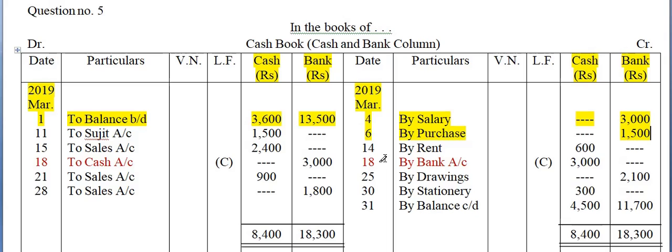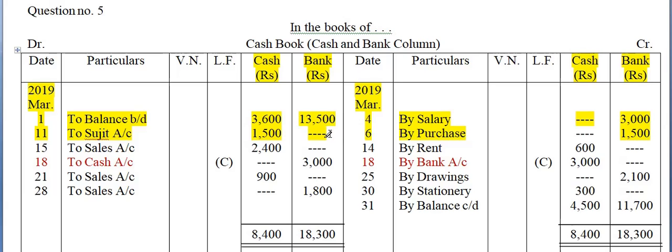And on 11th, you are receiving cash from Sujit. So you will simply write To Sujit Account, amount is 1,500. You are receiving cash, so you will write the amount in the cash column. Bank column will be blank.